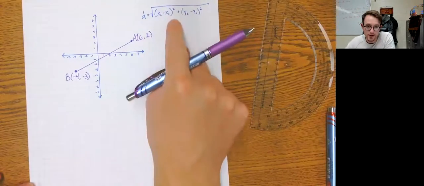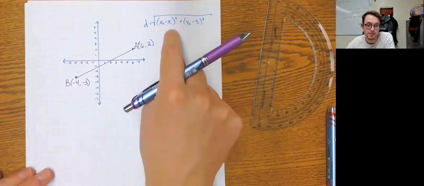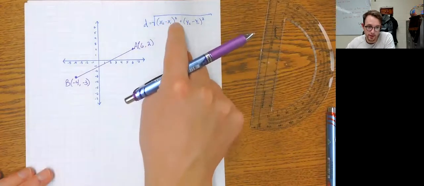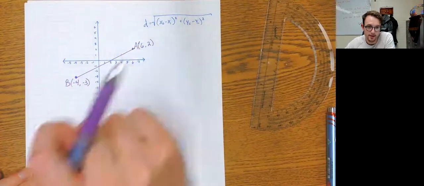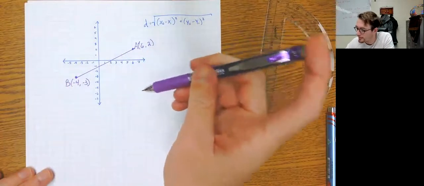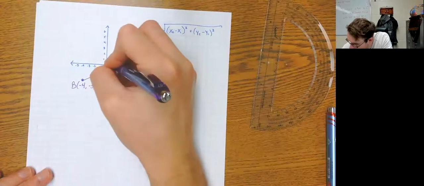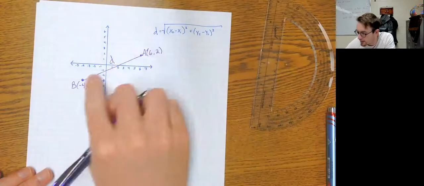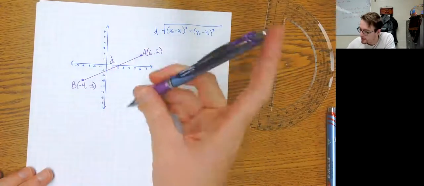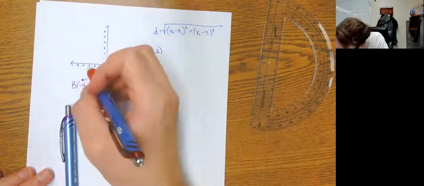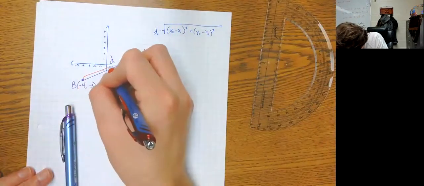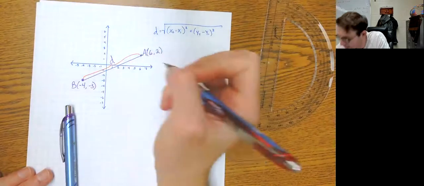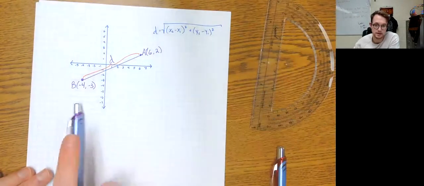So first thing I'm going to do, let's find out how long it takes me to use the distance formula to find the length of AB. All right. So we're going to call this D, right? We're finding the length from here to here. We're finding the distance.